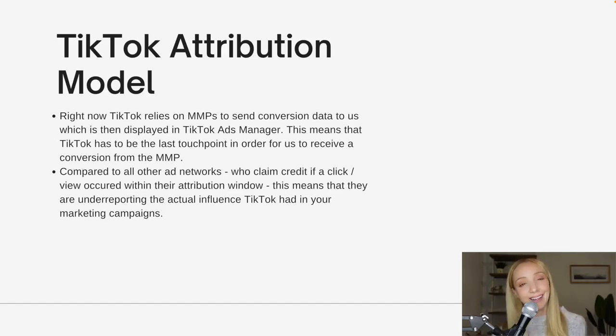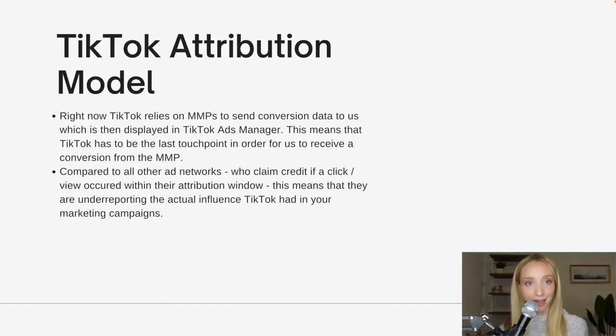So as you're scrolling through TikTok, click shop now, purchase right then in order for it to show up in TikTok Ads Manager. Compared to all other ad networks who claim credit if a click or view occurred within their attribution window, this means that TikTok is actually underreporting the actual influence TikTok had in your marketing campaigns.